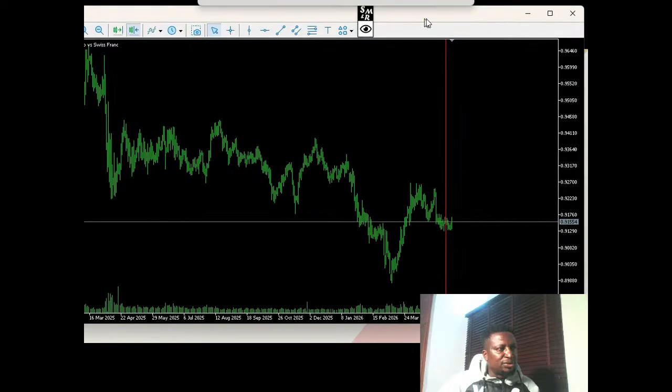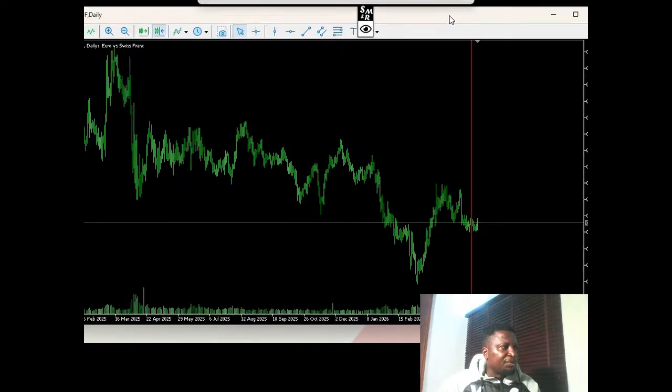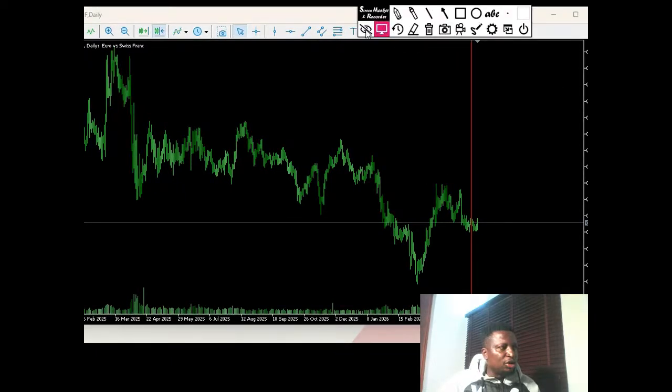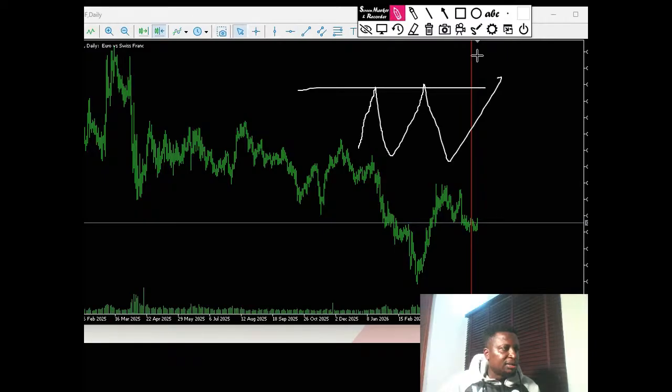What are key levels? Key levels are those levels of support or resistance that price has tested multiple times. What do I mean? Those levels that price has tested multiple times. For instance, let's say we have our resistance here and price touches it once, two, three.